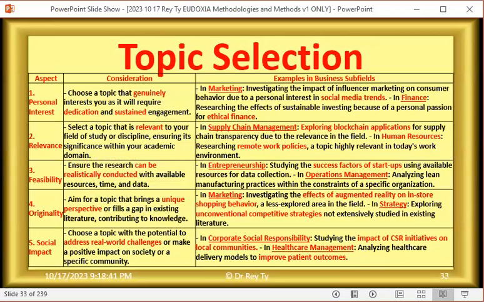So one, you must be genuinely interested in the research. If you're not personally invested in it, you will not be able to produce a good product. So for marketing, let's say you are a young person who wants to make money, you want to see what the social media trends are and how these young people earn millions of dollars by just having a platform with Spotify.